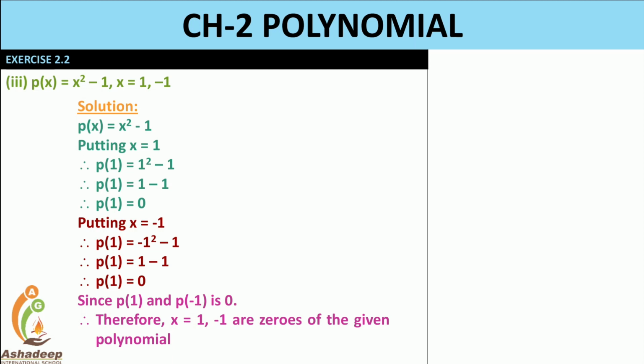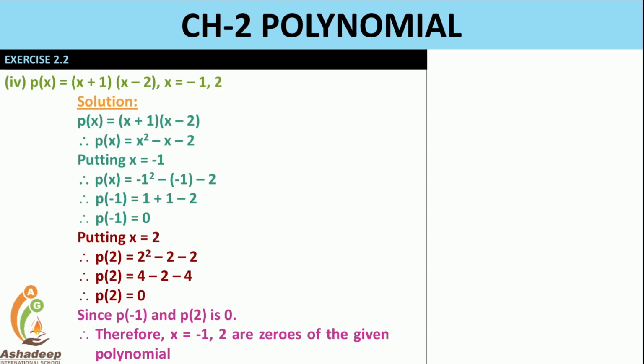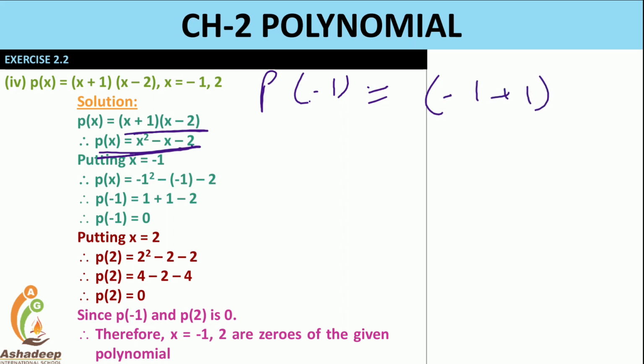Alright, now let's move ahead with another sum, and we need to find out whether the given values are the 0 of this given polynomial or not. So here, first of all, we need to find out p of minus 1. Here I can solve it by first opening up this bracket, but without opening the bracket, if I want to find out, it is also fine. Minus 1 plus 1 into minus 1 minus 2.